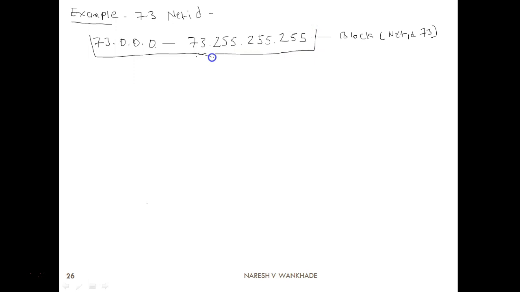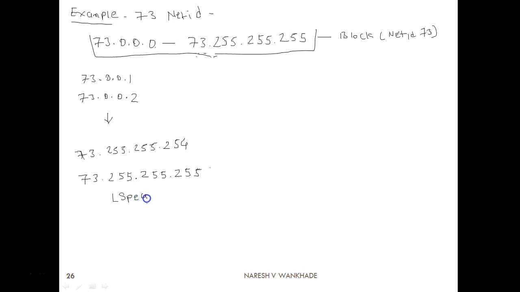And for this block, the range of addresses is like 73.0.0.1, then 73.0.0.2 up to 73.255.255.254, and the last one is 73.255.255.255, which is reserved for special purpose.